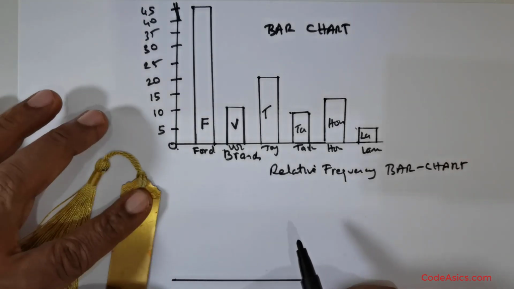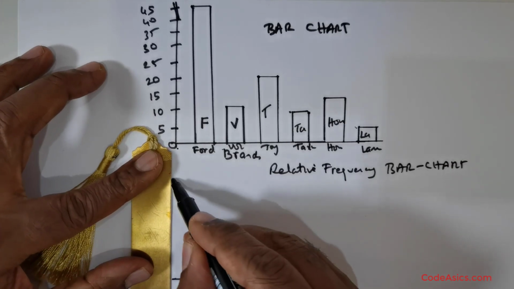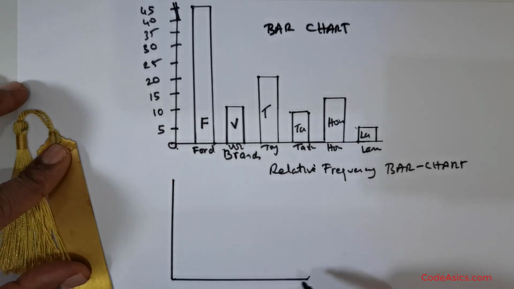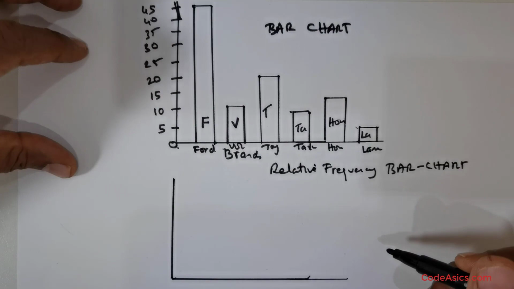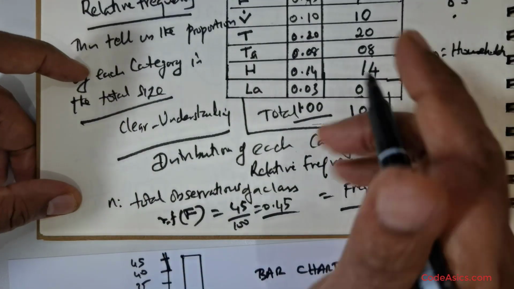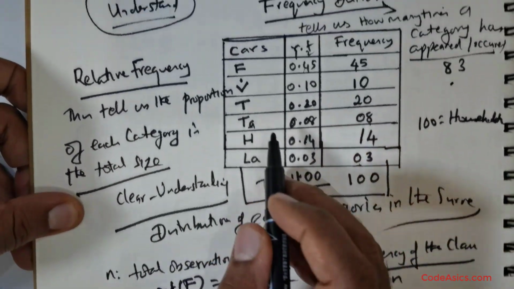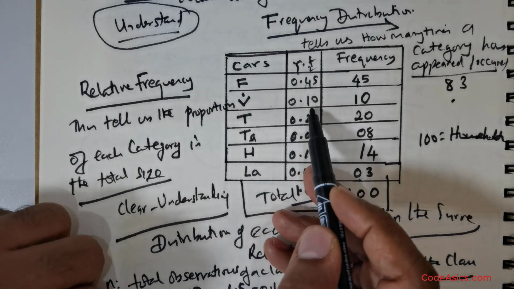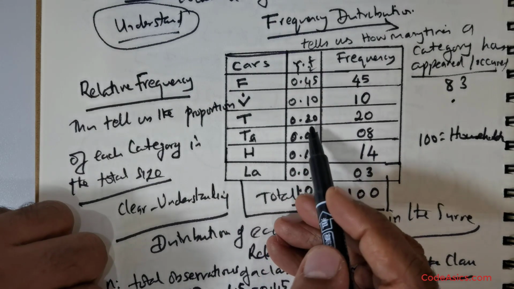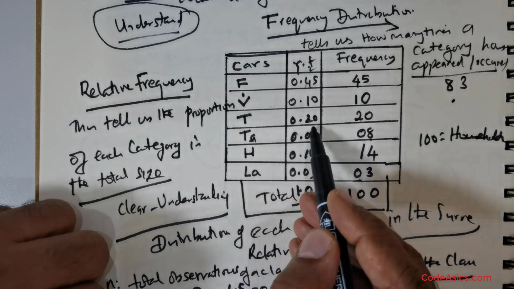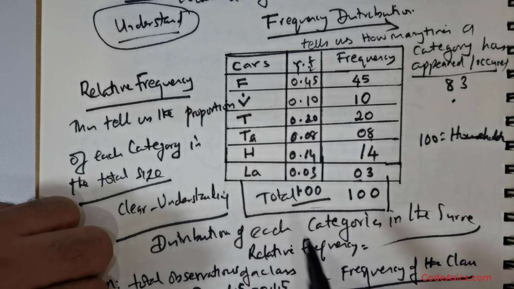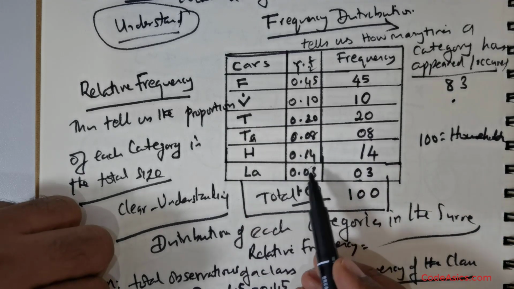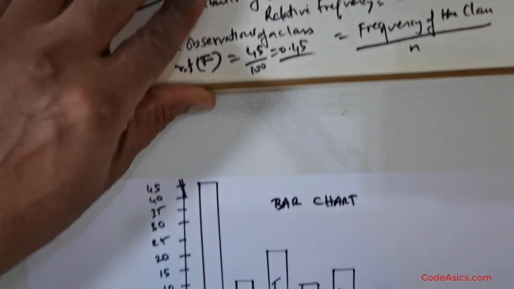Okay, so this is the y-axis which I'm using. Now the frequency distribution is 0.45 for Ford, 0.10 for Volkswagen, Toyota 0.20, tank is 0.08, Honda is 0.14, and Lamborghini is 0.03.